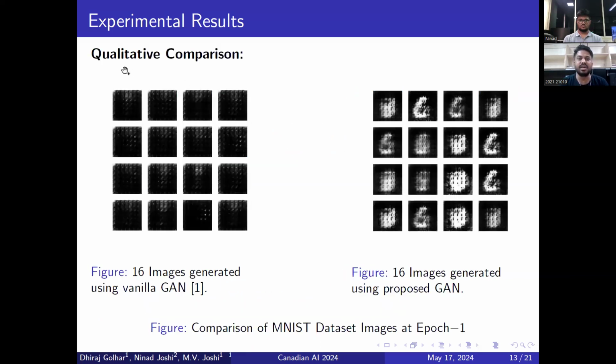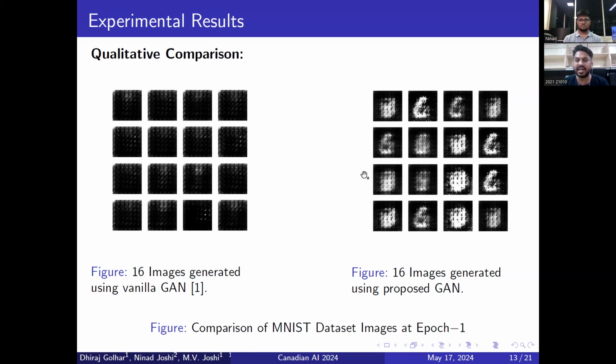Now let's come to the qualitative comparison of the experimental result. Here on the left hand side we can see 16 images generated using the vanilla GAN, and on the right hand side 16 images generated using the proposed GAN. We can clearly see that on the left hand side, the learning of image generation is yet to start.